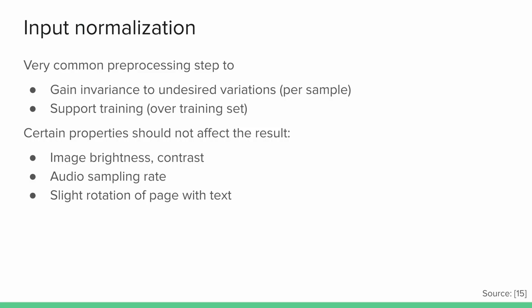The underlying assumption is that certain properties of our data are relevant and other properties are not. And the network should learn to distinguish between things that are relevant and not relevant.